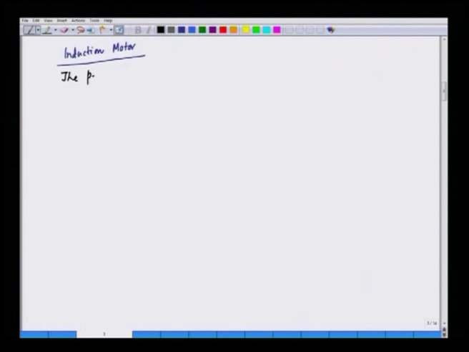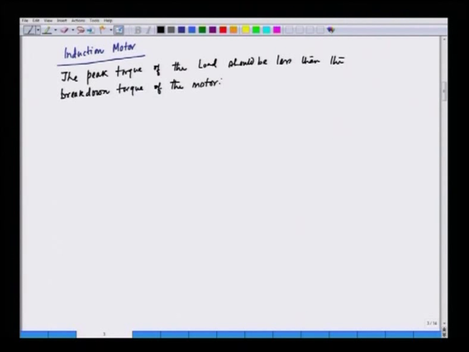The peak torque of the load should be less than the breakdown torque of the motor.